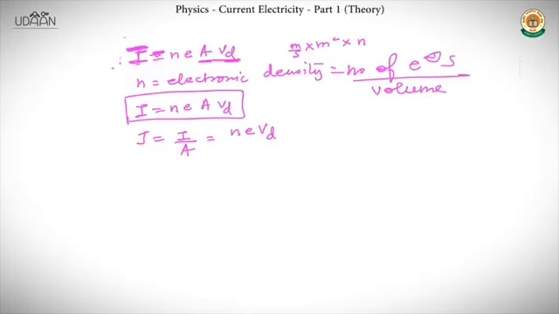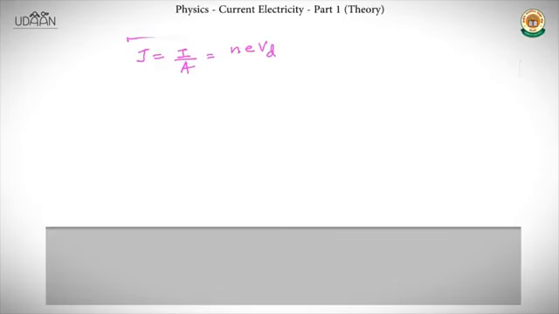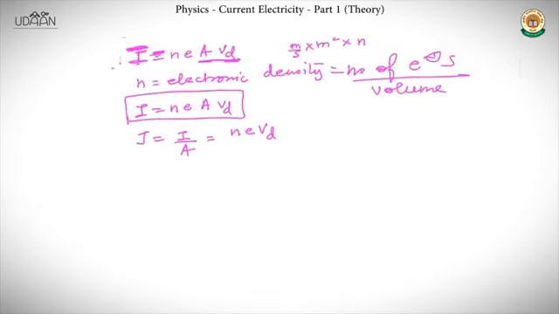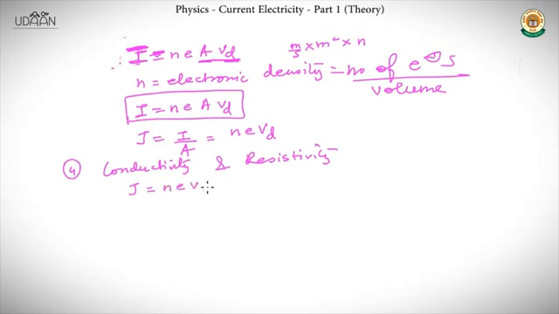Let's move on to the next important topic, the fourth topic here, which is conductivity and resistivity. So yeah, we obtained in the earlier equation that J is equal to N e Vd.